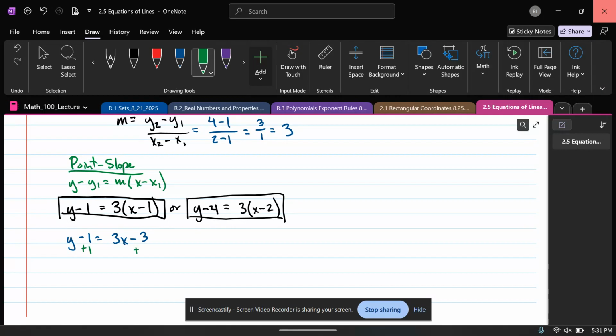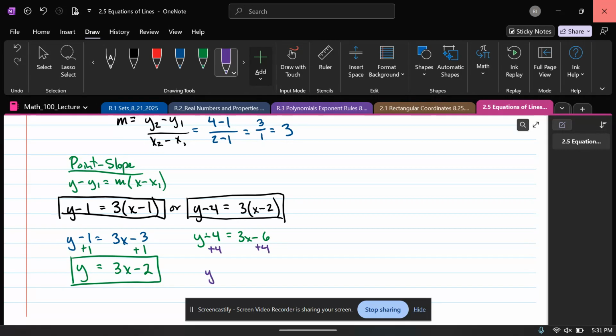So that's going to be my 3x minus 2. That's what Jason said back there. If I do the same thing over here, I'm going to get 3x minus 6, and I got the y minus 4. And if I add 4, I still get y equals 3x minus 2. So no matter which direction I go with the ordered pairs in point slope form, I will get the same slope-intercept form.